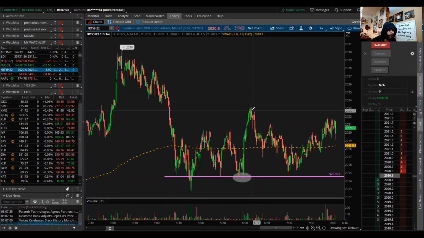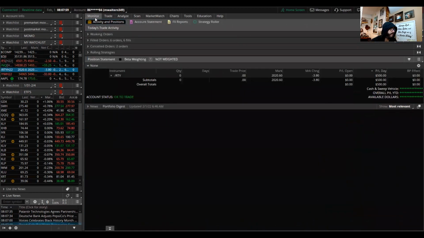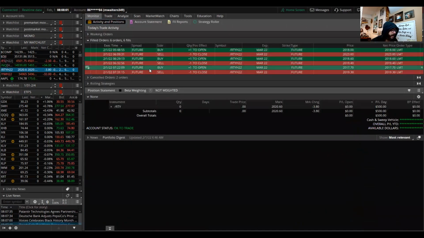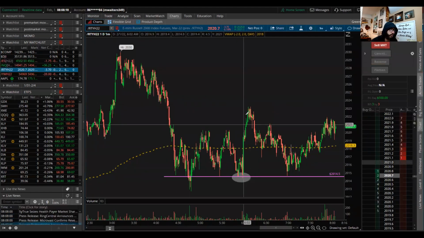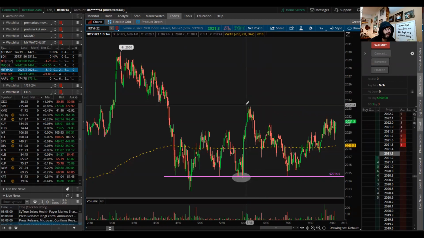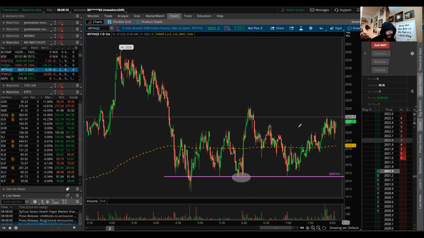And I sold at 2023, right at the top of that candle. That was an excellent trade, and that led to a lot of this 500.